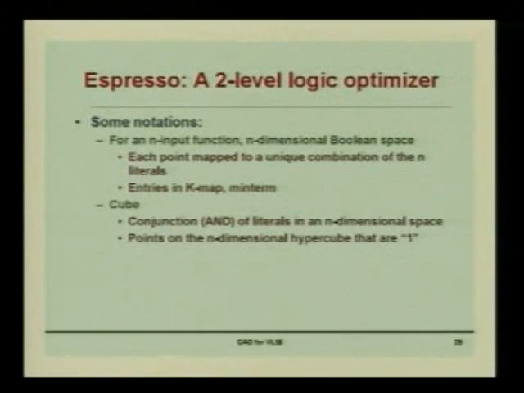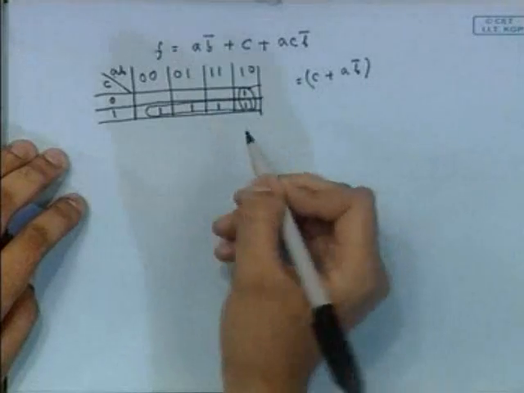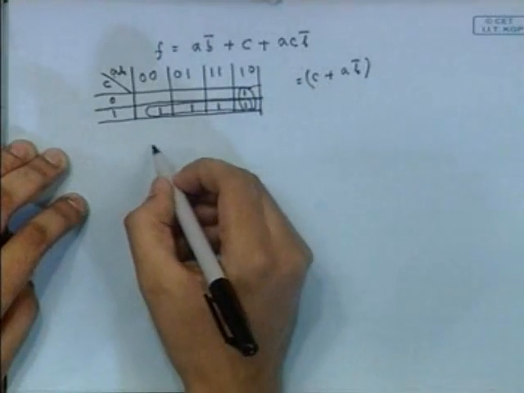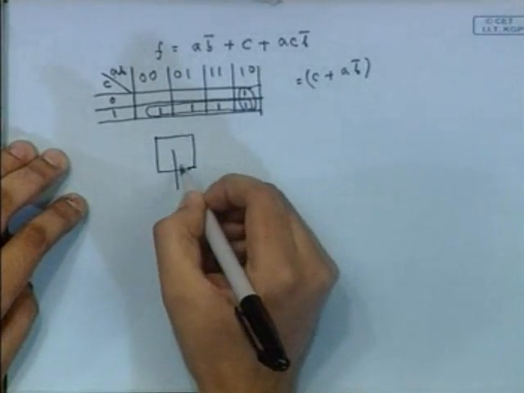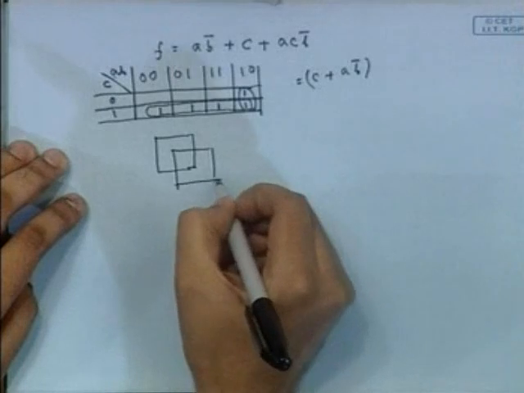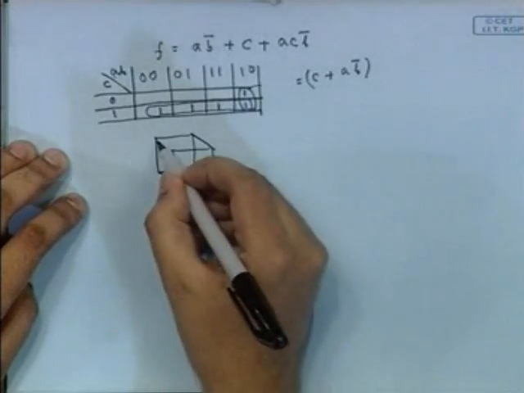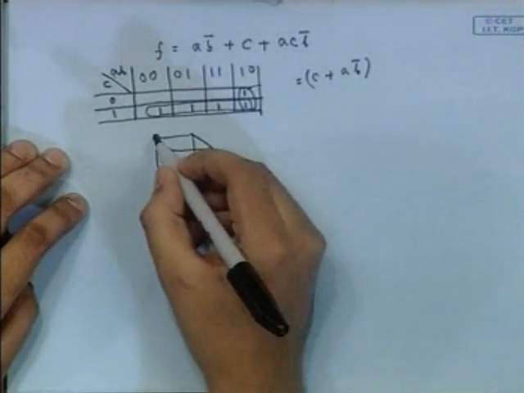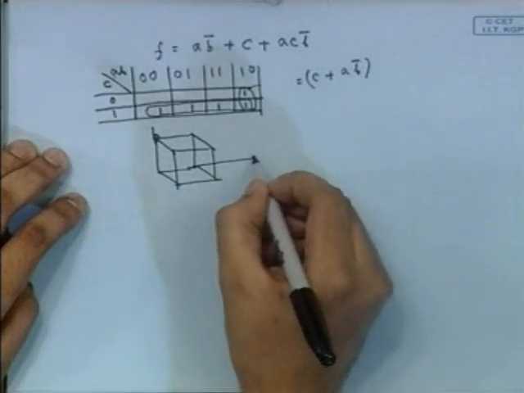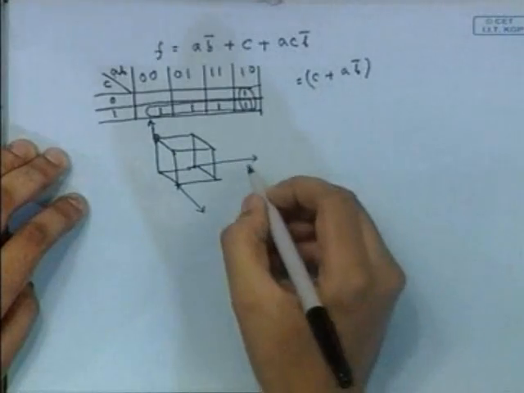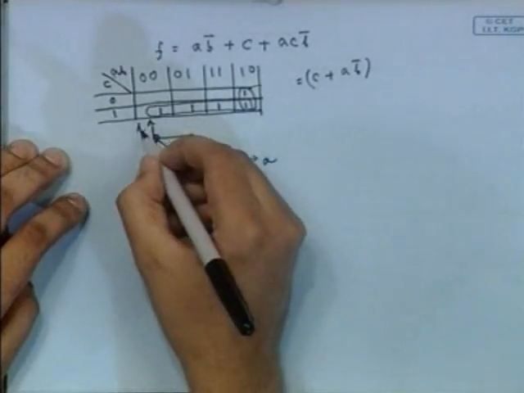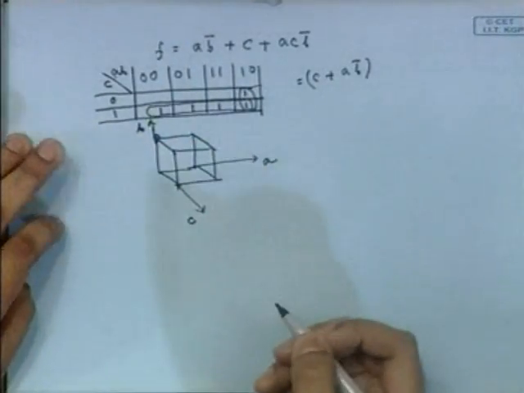Here one concept is coming: the hypercube concept. Suppose we have three variables a, b and c. For three variables we can have a hypercube of this kind. Suppose this is the a direction, this is the b direction, this is the c direction.